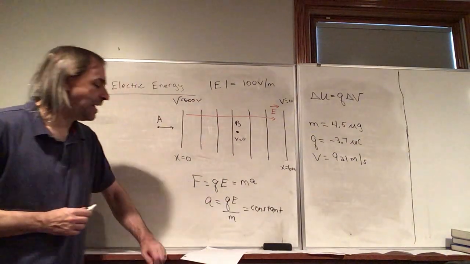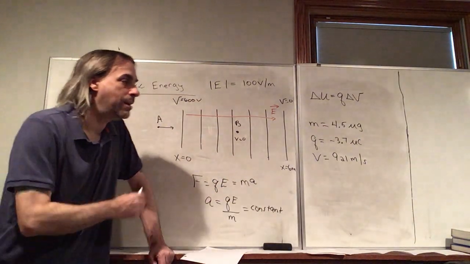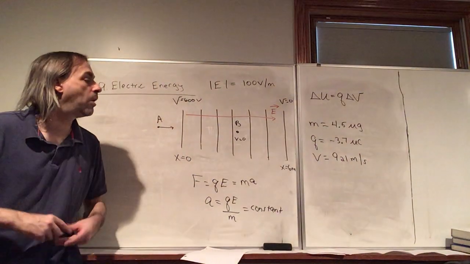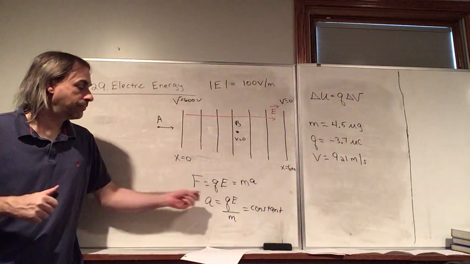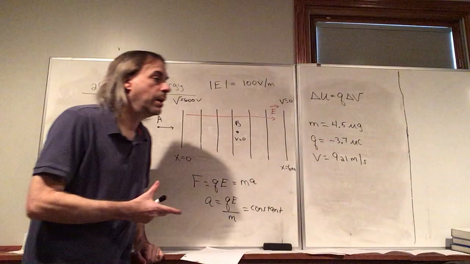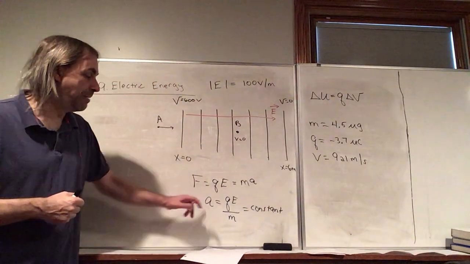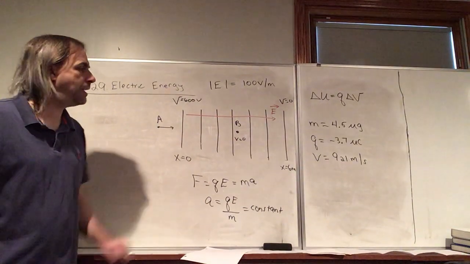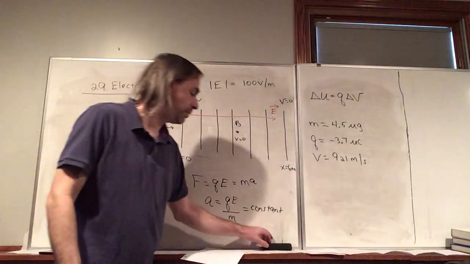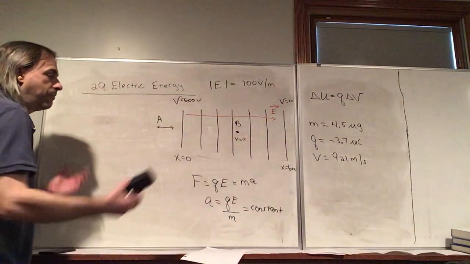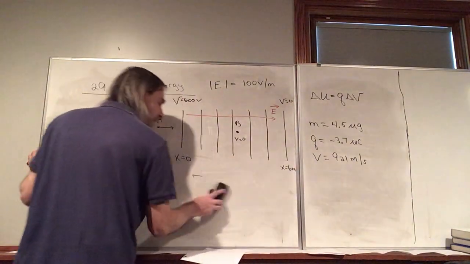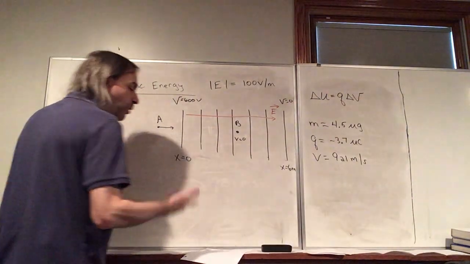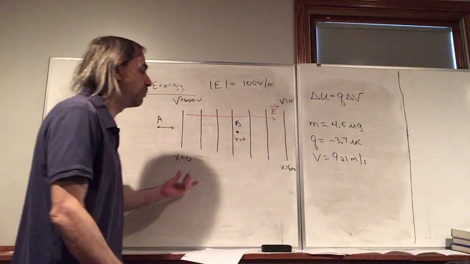And because it's constant, we can use the kinematics that we learned back in 121. We had a whole chapter on kinematics in the case of constant acceleration, which in this case happens to be constant, but it might not always be. So let's not do it that way, even though that's a perfectly valid way of doing it.